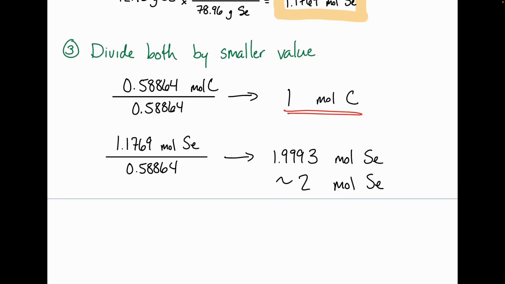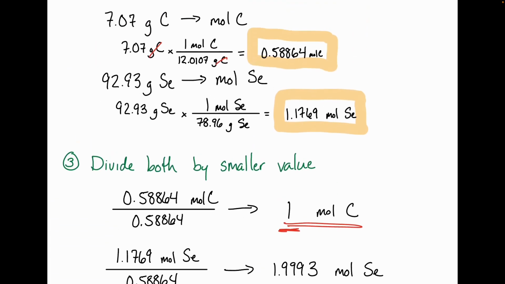Right? So what this is telling me is that for every 1 carbon, C1, there are 2 seleniums. Okay, the 1 we don't actually bother writing in our formula here, and the 2, again, I got from my 2 moles of selenium, is why that appears in my empirical formula.